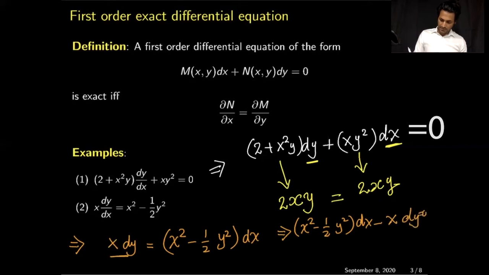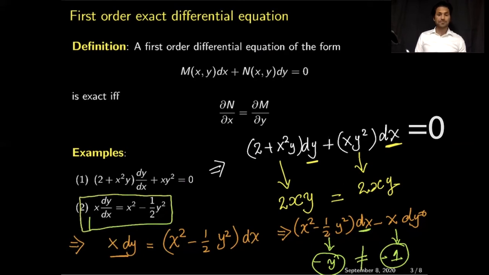Now this is equal to 0. Let's calculate the partial derivative of this term with respect to y. It will be basically y, because the 1/2 will cancel out, and with the negative sign, negative y. And the derivative of the other term with respect to x gives me basically 1. As you can see, this derivative is not equal to this derivative. So they are not equal. It means this differential equation is not an exact differential equation.